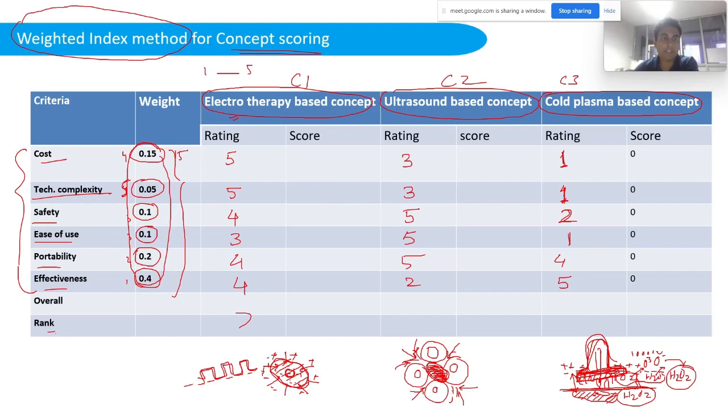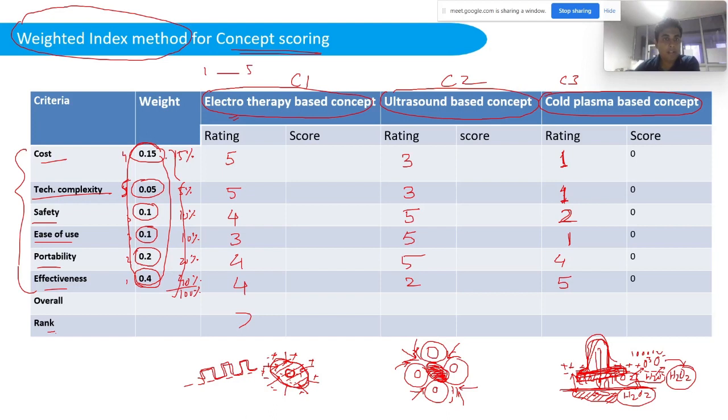So 15%, 5%, 10%, 10%, 20%, so 40%. So 40, 60, 70, 80, then 85, 100, 100%. So overall it should be 100% criteria.